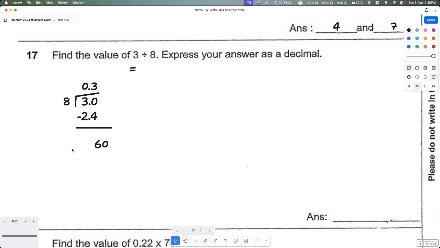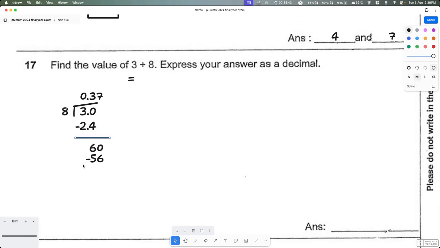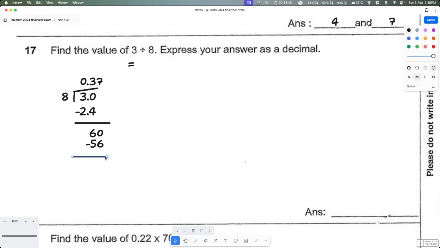So let's take the 0 below. What is close to 60? In this case, this should be 8 times 7, so this should be minus 56. So this will be 0.37. So 60 minus 56, the answer is 4, right?